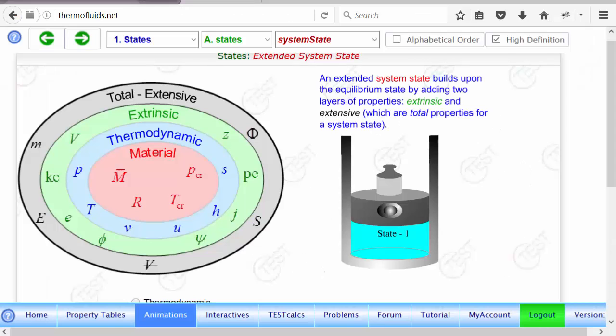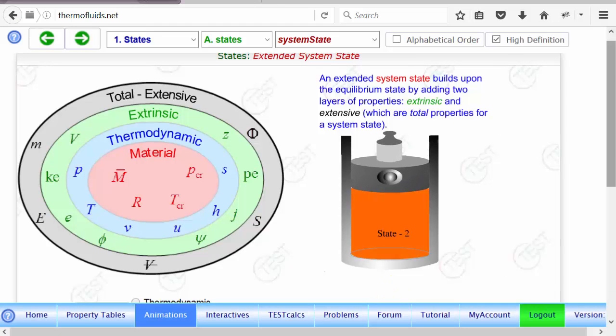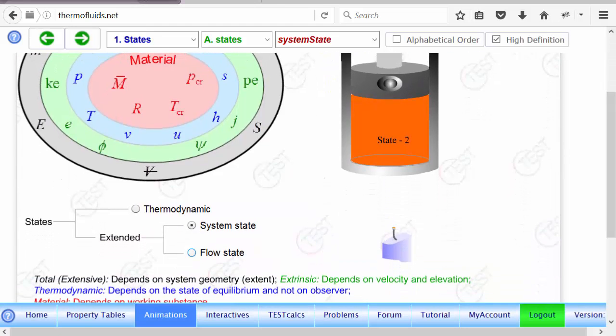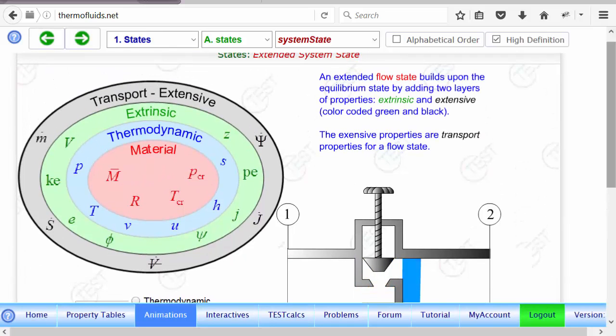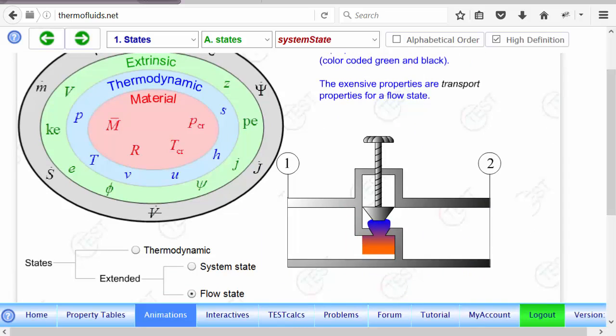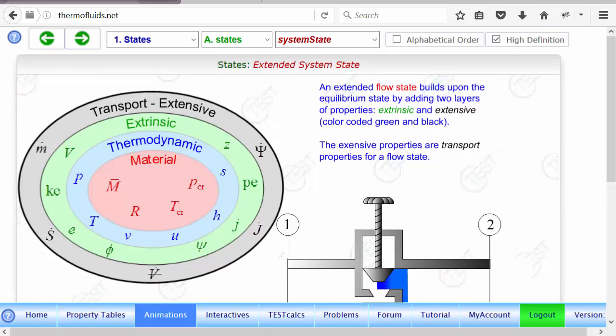So let me just summarize the classification of a flow state with the same animation. If you click on flow state, again, that's an extensive state. In other words, all kinds of properties are included here. Notice state 1 and 2 in this flow, the two flow states at the inlet and exit of this valve; it doesn't matter what device it is. At the core are the material properties.